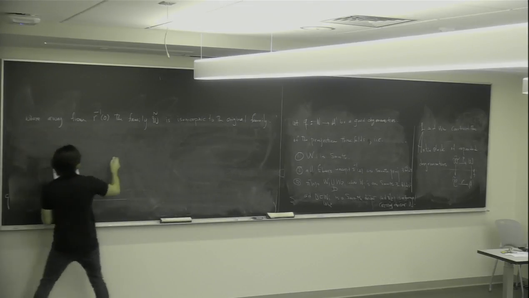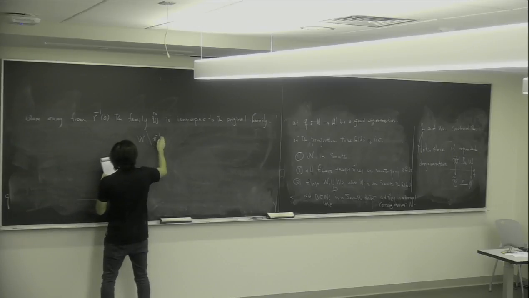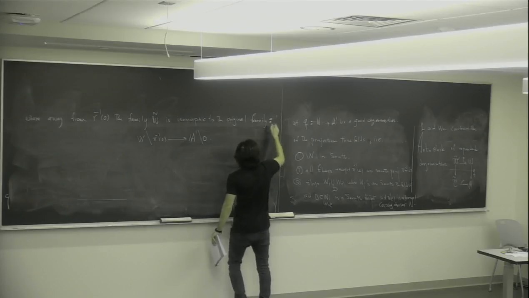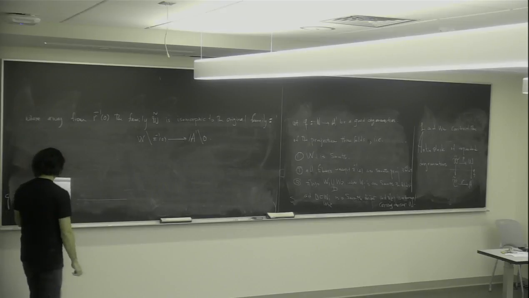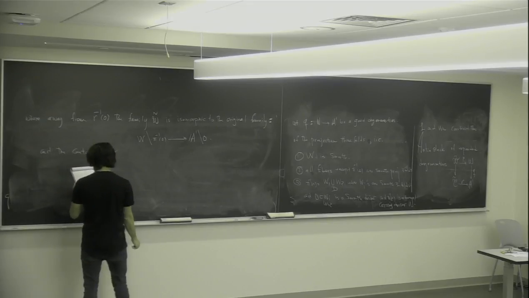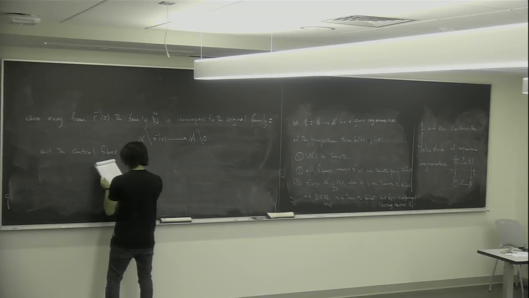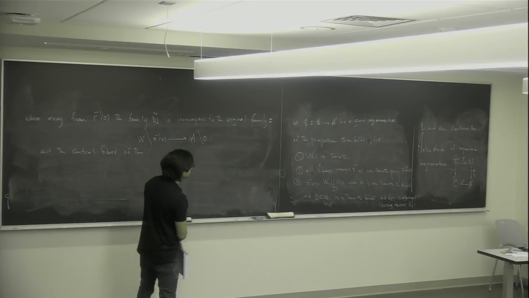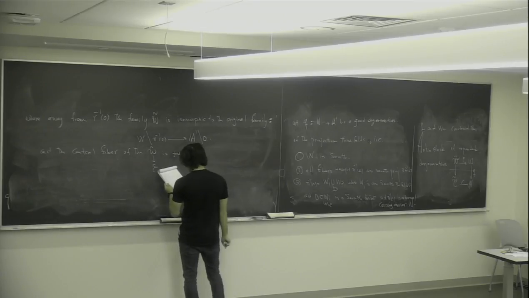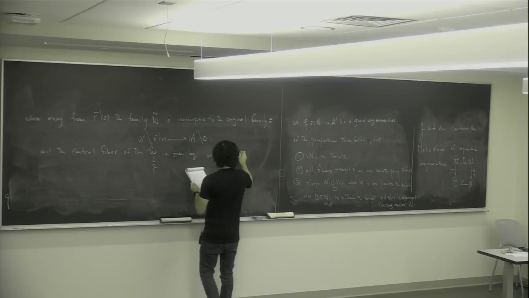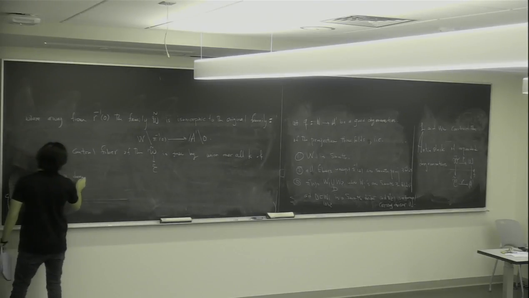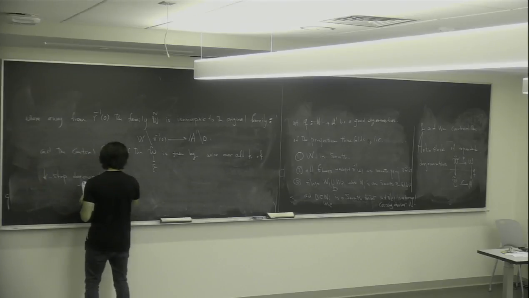And the central fiber of W tilde over C tilde is given by the union over all K of K-step degenerations, which I will call WK.